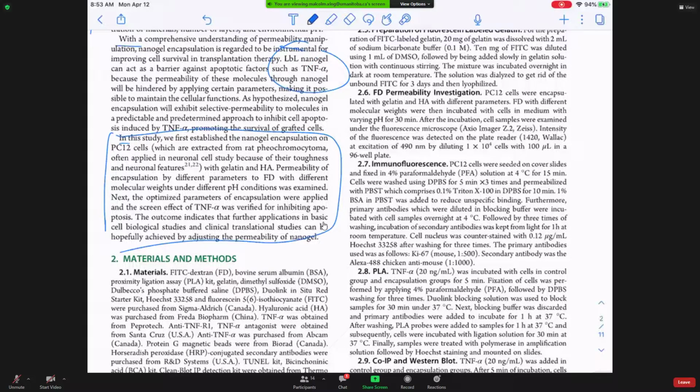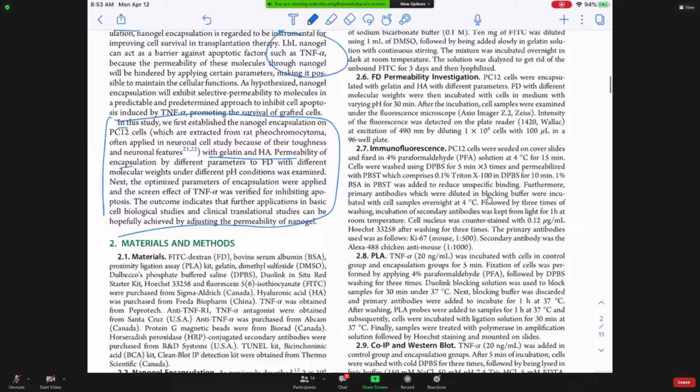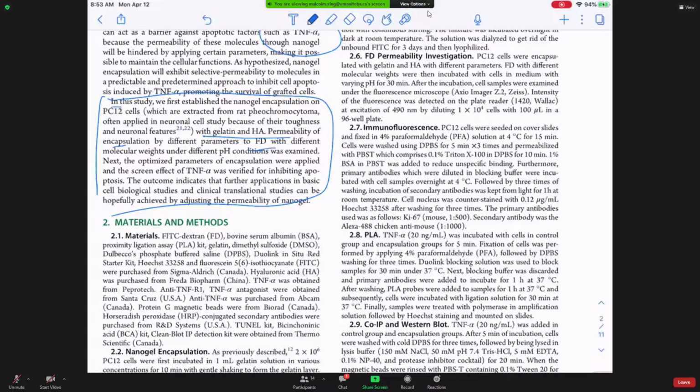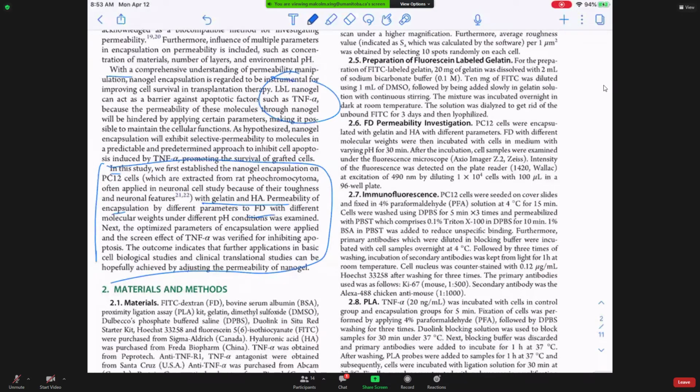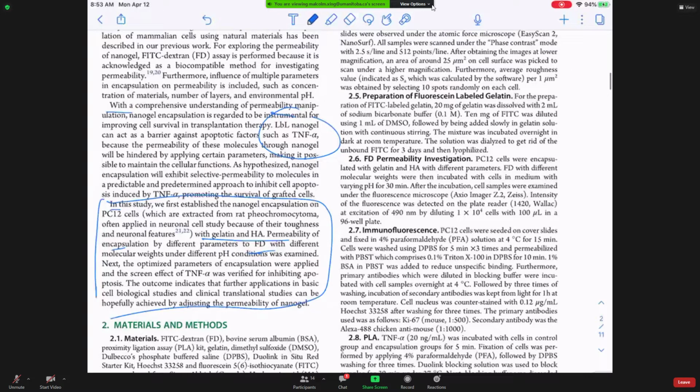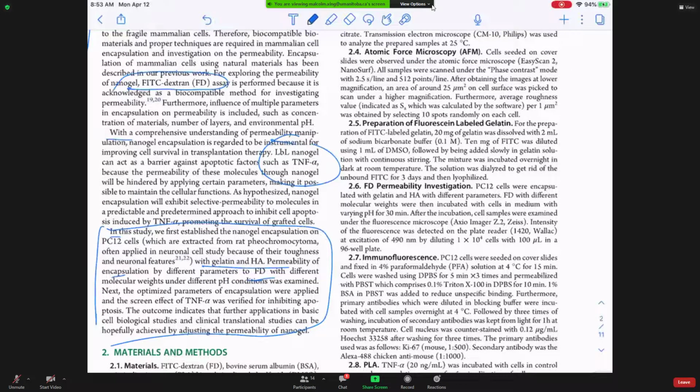We first establish nanogel encapsulation, then use gelatin etchant to tune the permeability of the encapsulation by different parameters, using FD with different molecular weights. So we have diffusion parameters. We can use FITC dextran; that is the materials method we will use.